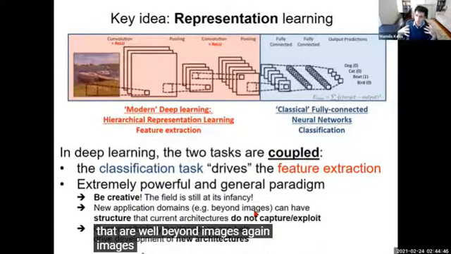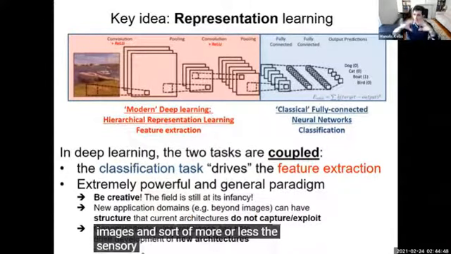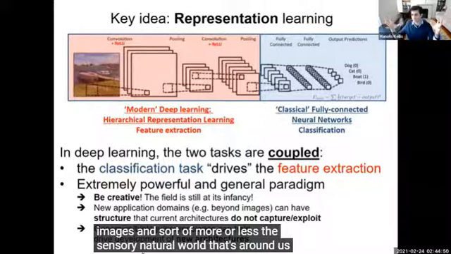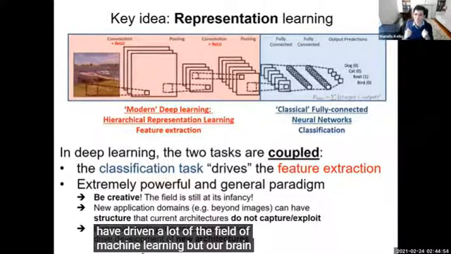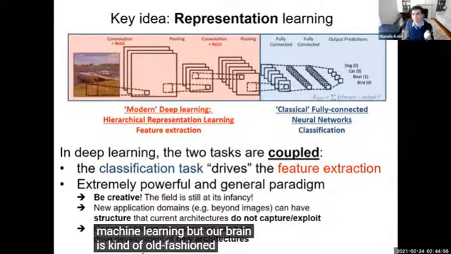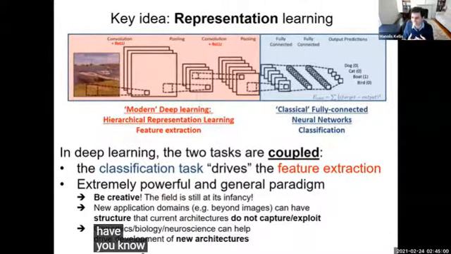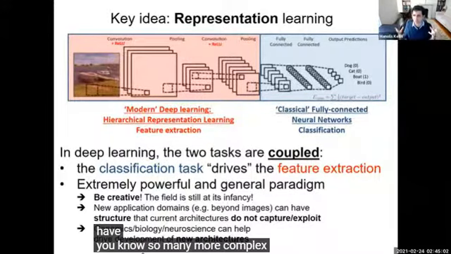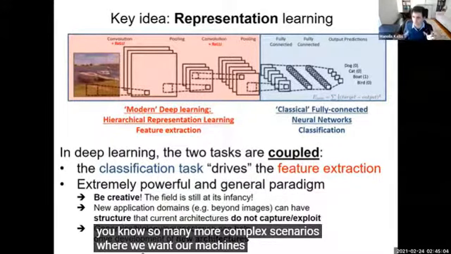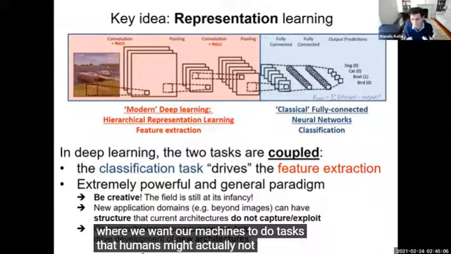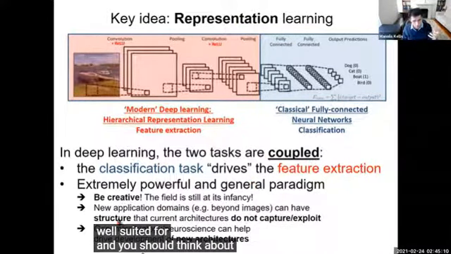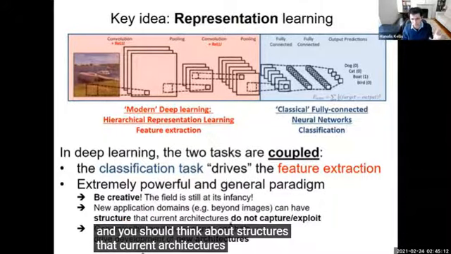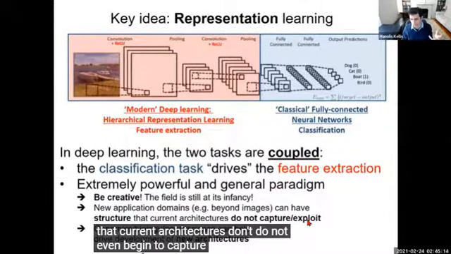Images and the sensory natural world around us have driven a lot of the field of machine learning, but our brain is kind of old-fashioned. We have so many more complex scenarios where we want our machines to do tasks that humans might not be very well suited for. And you should think about structures that current architectures do not even begin to capture or exploit.